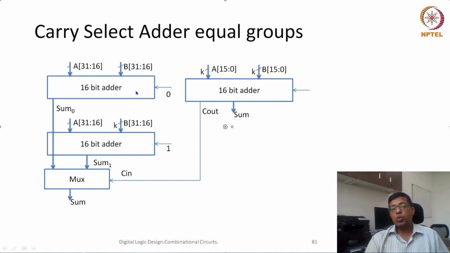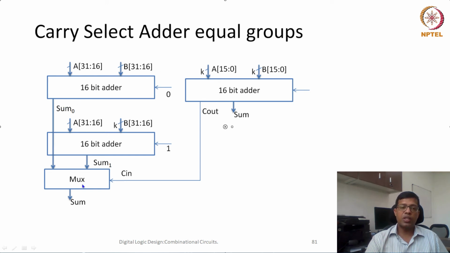So that means there are two combinations of this 16-bit adder, one taking 0 as carry in, the other taking 1 as carry in. The upper 16 significant bits of B are part of the input here. Similarly, the upper 16 bits of A are part of this input, and we are adding both of them.